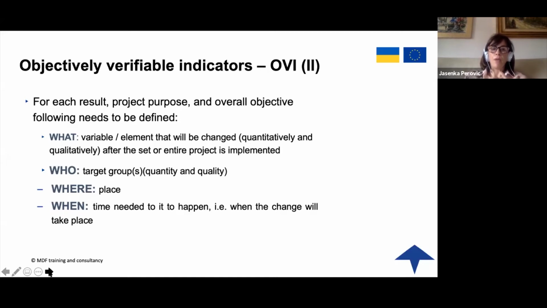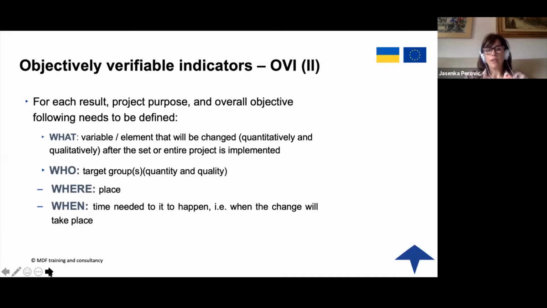Do we have information that we can really measure them? Because please be reminded, especially at the later stage, if you are invited to the project proposal, this is very important, because this will be the basis for your internal monitoring system, and it will be the basis for the external evaluation as well.